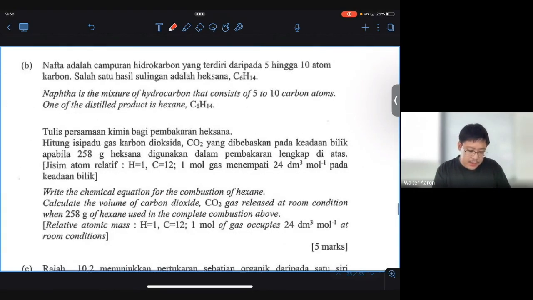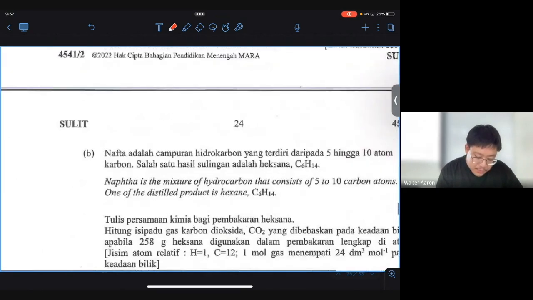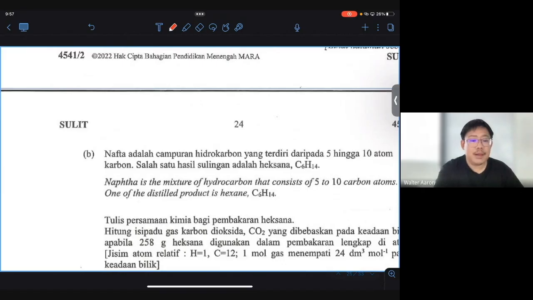Naphtha is a mixture of hydrocarbons that consists of 5 to 10 carbon atoms. One of the distilled products is hexane. Write a chemical equation for the combustion of hexane. Calculate the volume of carbon dioxide gas released at room conditions when 258 grams of hexane is used in the complete combustion above. Let's write the balanced chemical equation first.